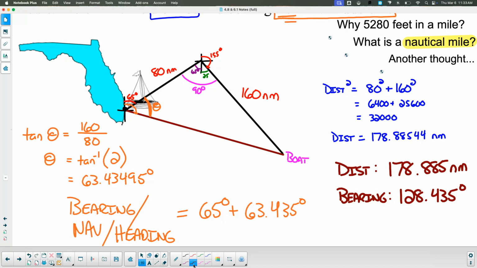Navigation angle. So that's 0 at the top, going clockwise.